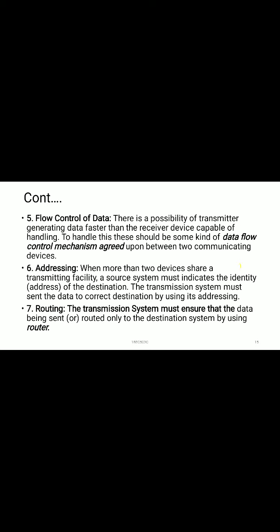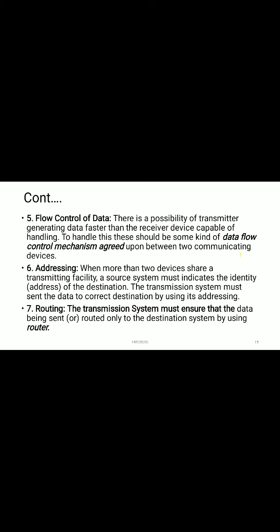Because if a transmitting device transmits the data, the receiving device may not have the capability to receive that data. Then the data may be lost.